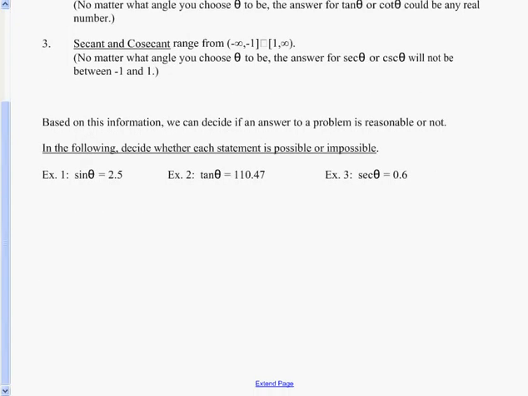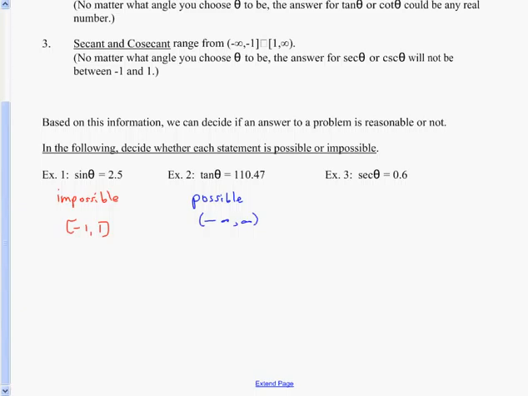For example 1, sine of theta is equal to 2.5. If I actually found that to be true, would that make sense or not? And of course, this would be an impossibility because sine ranges from -1 to 1, and 2.5 is not within that. Now, tangent of theta being 110.47 is reasonable because tangent, we realize, ranges from -infinity to +infinity.